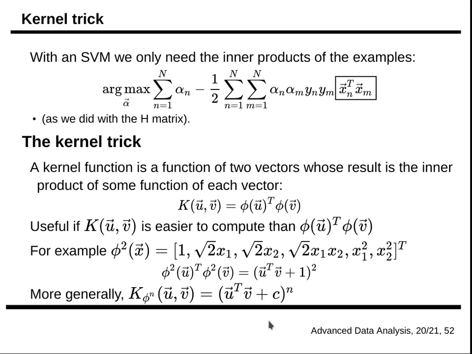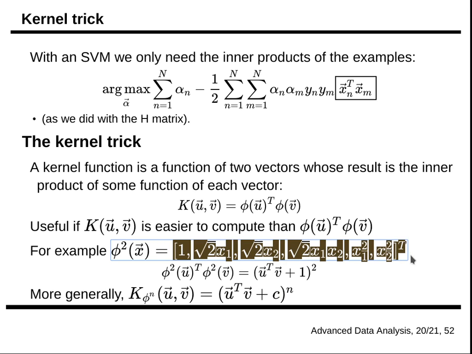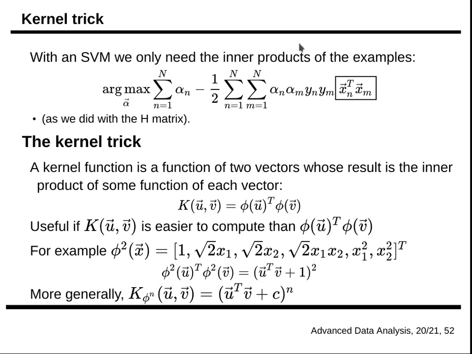So in general, this polynomial kernel allows us to do expansions to any degree n by simply taking the inner product of our vectors, adding a constant, and raising to the power of n. So this does implicitly the inner product of these transformations that can be very large.